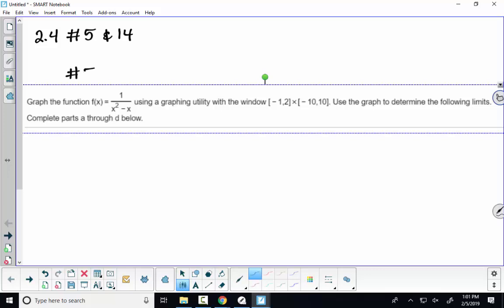This says number 5-T. Graph the function using a graphing utility with the window -1, 2, -10 to 10. Use the graph to determine the following limits. Complete parts A through D below. Okay, so we can graph it.